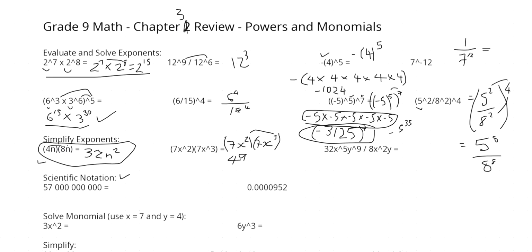In this case, we're saying 32x to the power of 5, y to the power of 9, and then x to the power of 2, and then y does not have a power, it's an imaginary 1.